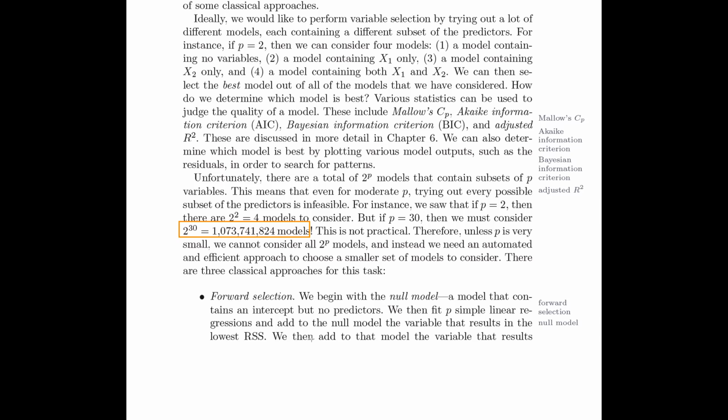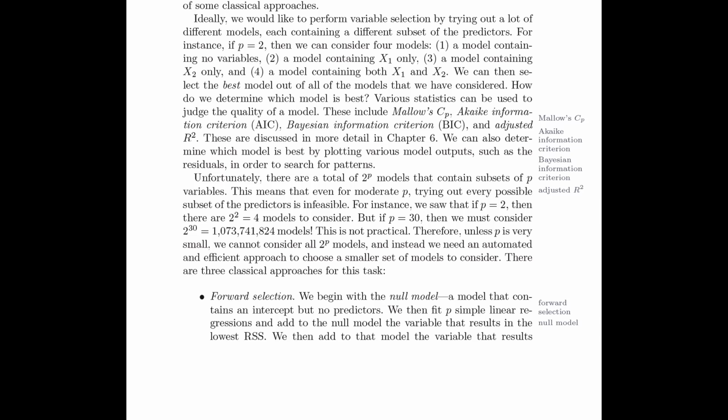So this is why we have these statistics. Unfortunately, there are a total of 2 to the power of p models that contain subsets of p variables. This means that even for moderate p, trying out every possible subset of the predictors is infeasible. For instance, we saw that if p is 2, that's quite manageable, isn't it?